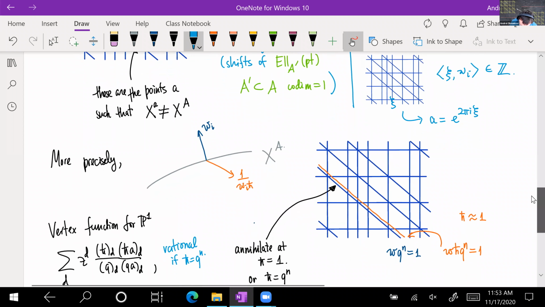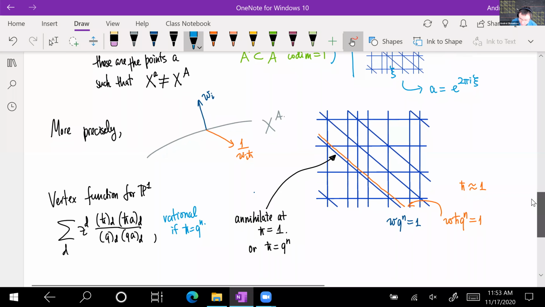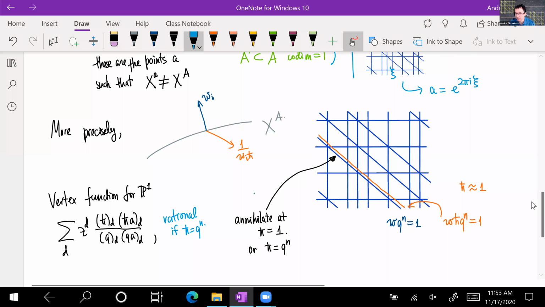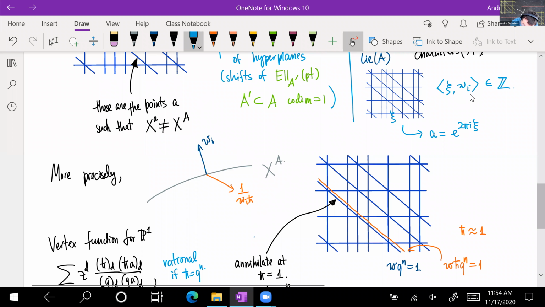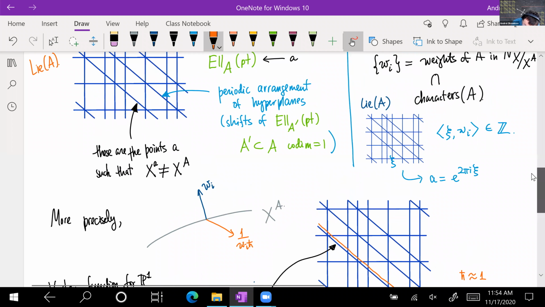Right. So those are the singularities, and maybe I should say that this set W defines this arrangement.